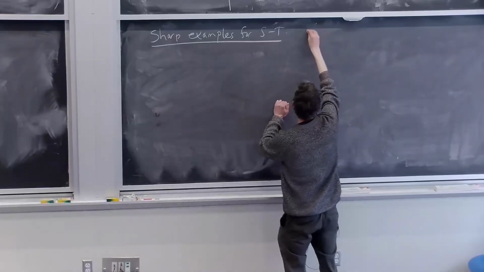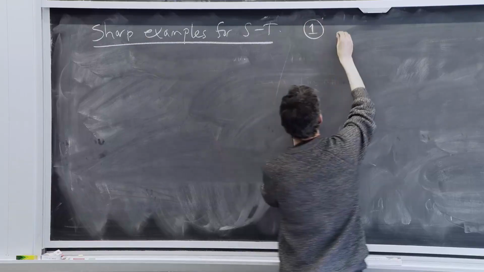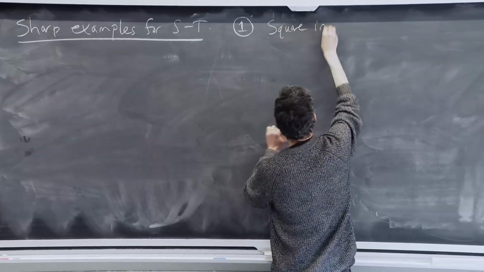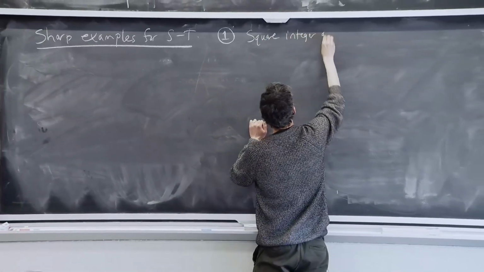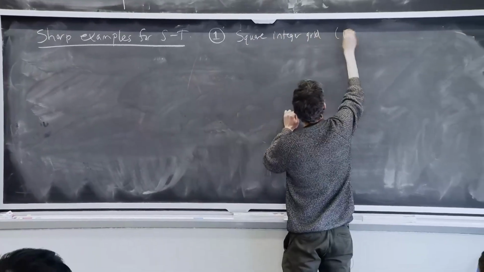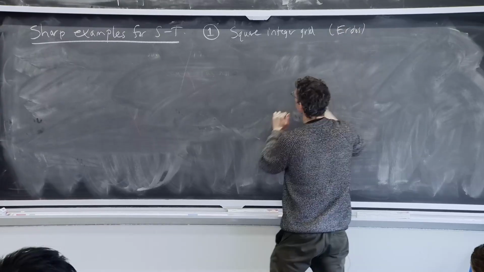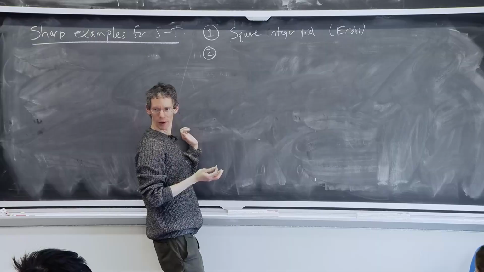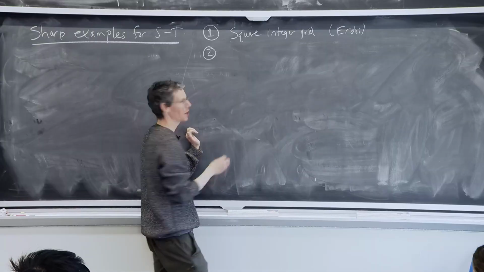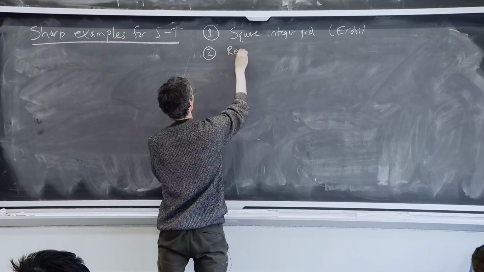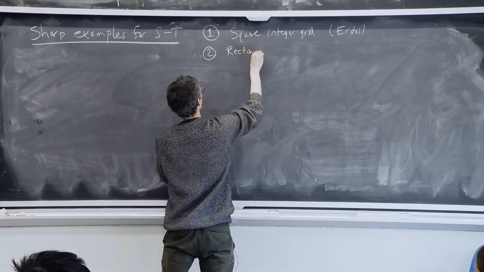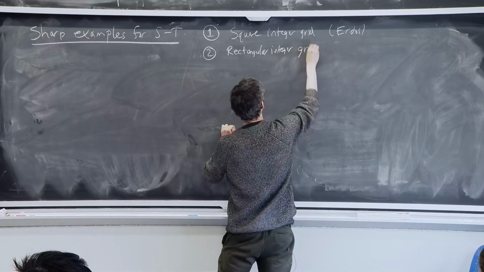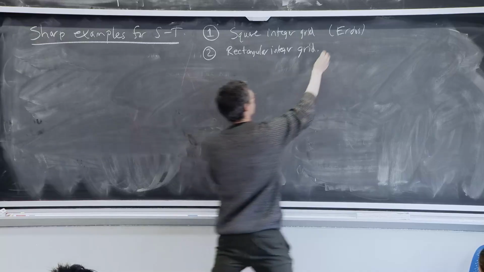OK. So we've just seen the historically first example, which is a square integer grid. And that goes back to Erdős in the 60s, I think. There's a second example, which is a rather small variation on it, but we know so few examples that it's worth mentioning. It is a rectangular integer grid. And that was done by Erdős.